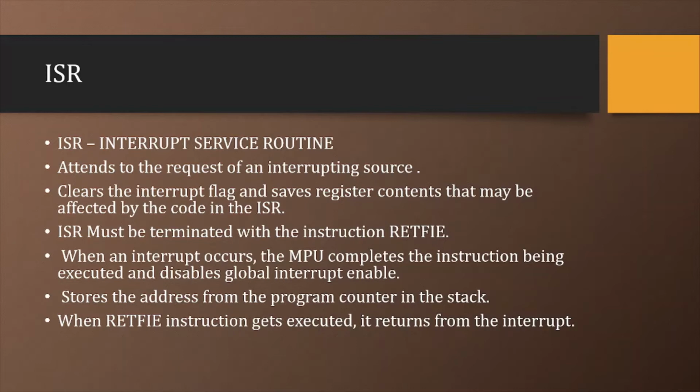When an interrupt occurs, the MPU completes the instruction being executed and disables the global interrupt enable. It stores the address from the program counter in the stack, and the ISR must be terminated with the instruction RETFIE. When the RETFIE instruction gets executed, it returns from the interrupt.